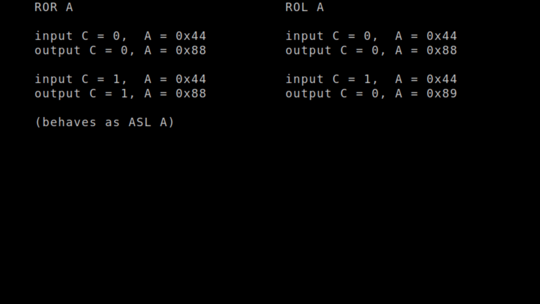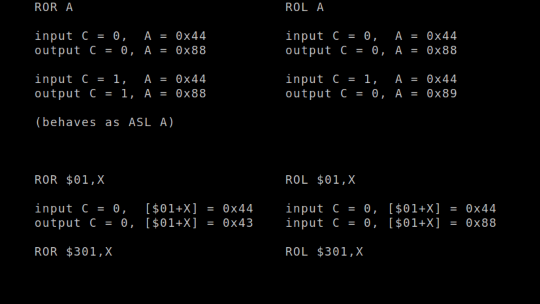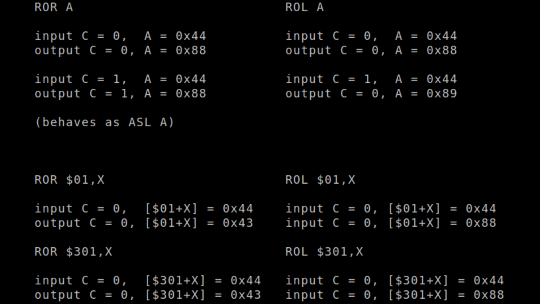However, rotating to the right operations on any indexed memory mode somehow inverts the low nibble bits, but it is unclear what happens with other values than 0x44. We cannot deduce any valid pattern yet. We have also seen that the roll instruction in indexed memory modes works perfectly.